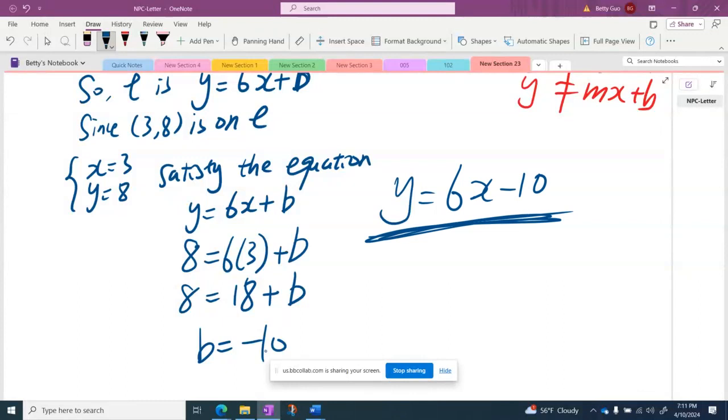But do not enter that. If you enter that, the system is going to mark it as wrong, because the question specifically tells us to write the equation in the standard form. What does standard form look like? Both x and y are on the left side. The constant is on the right side. So this is what we do.